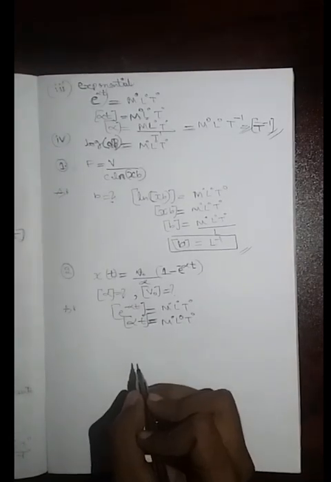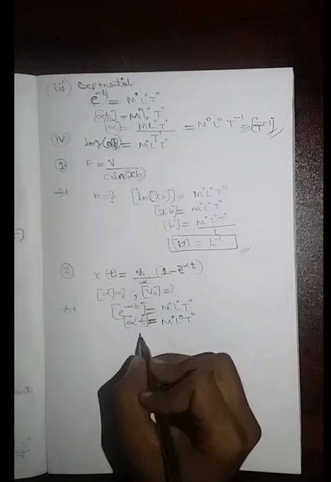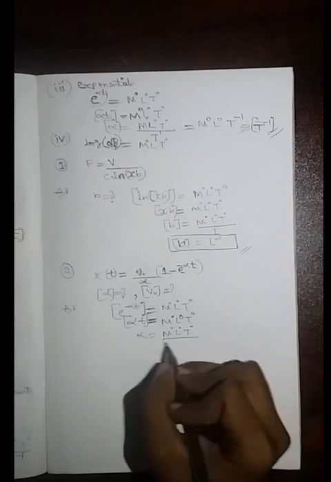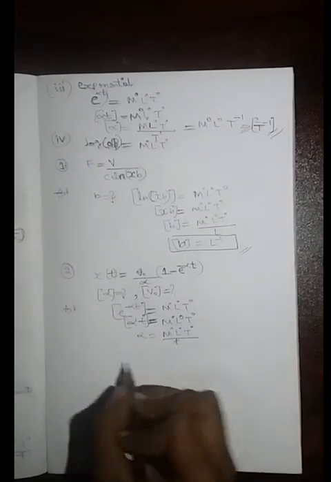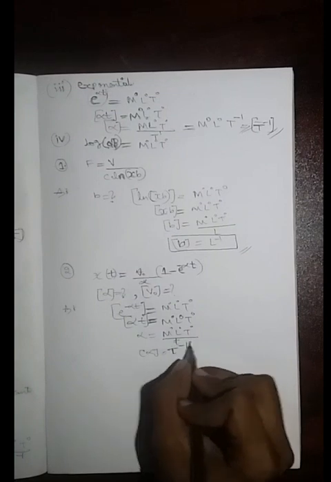To find alpha we can cross multiply t, so the dimensional equation of alpha would be T power minus 1.